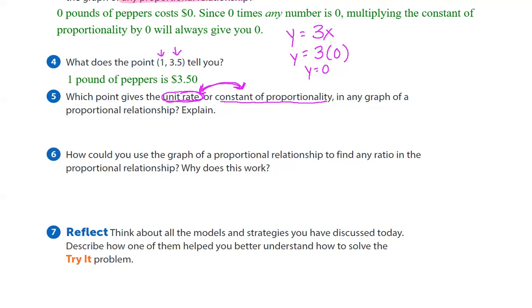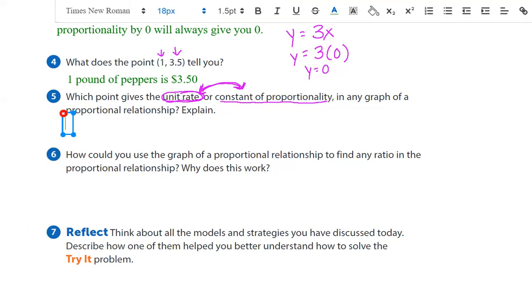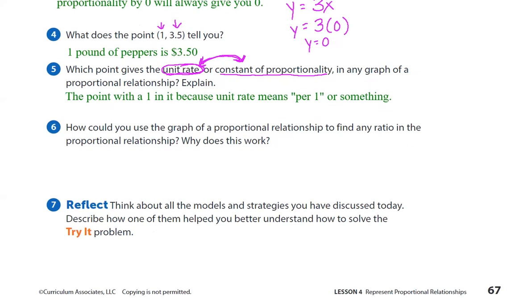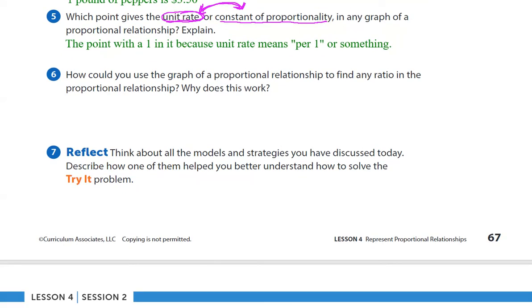So which point gives the unit rate in any graph of a proportional relationship? And that is going to be the point with a 1 in it, because unit rate means per one of something. That answer works for me. It's not the answer that's in the book, but I like it better.